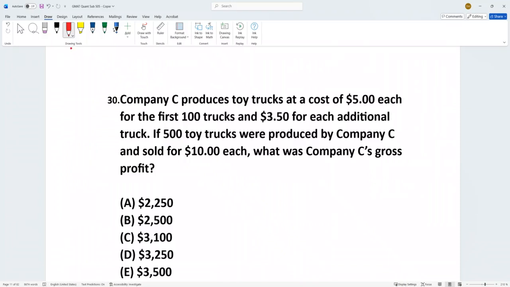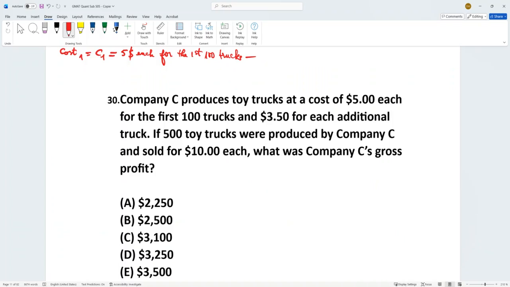So we will say that cost 1, which is equal to C1, is equal to $5 each for the first 100 trucks.